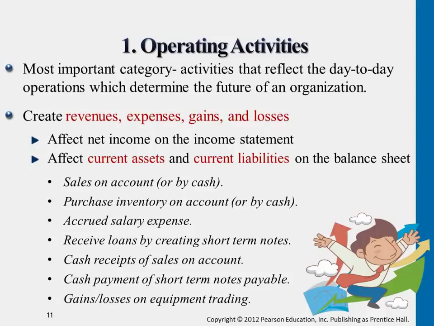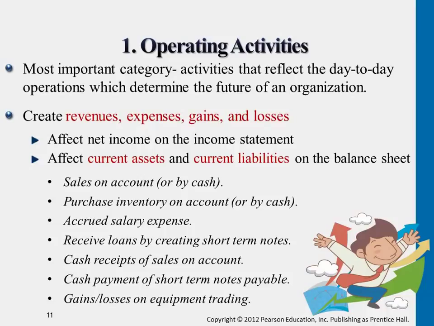But even though it's on the income statement, later on we will tease out this part from operating activities because this really relates to long-term asset trading. So any gains and losses, we will exclude from operating activities, and then that will be included in investing activities.